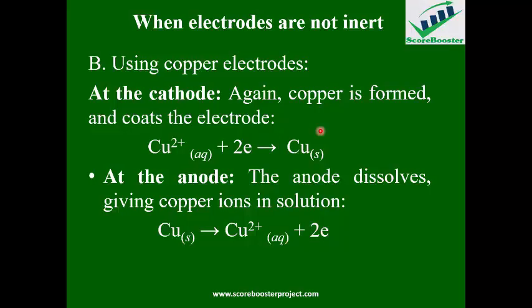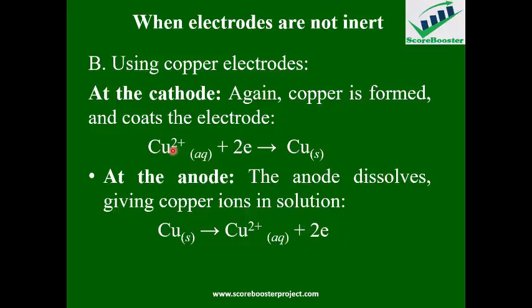So the copper at the anode will lose electrons and go into the solution as copper ions. These copper ions will then go to the cathode and form copper. So the anode will be reducing in size as it is losing electrons and going into the solution as copper ions.